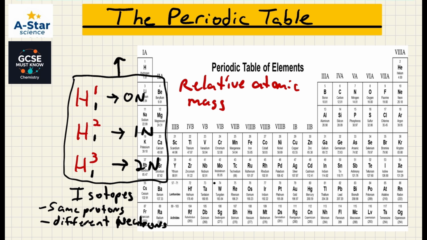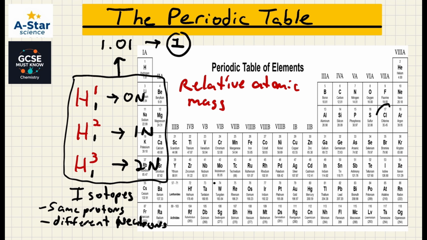And you'll see on my periodic table that the average mass is 1.01. Now, if you round that up, it's just 1. And so this is the one that you tend to see on the GCSE periodic tables.